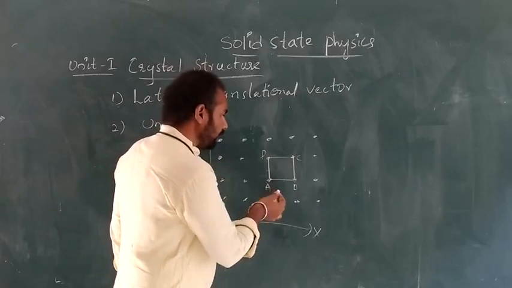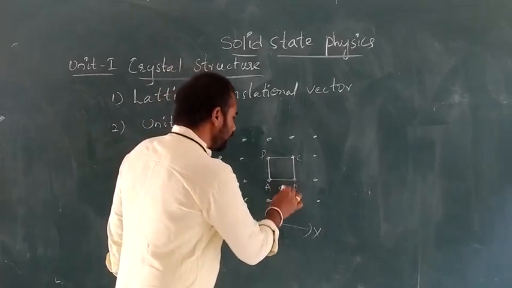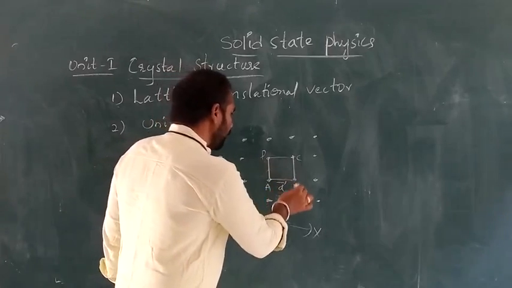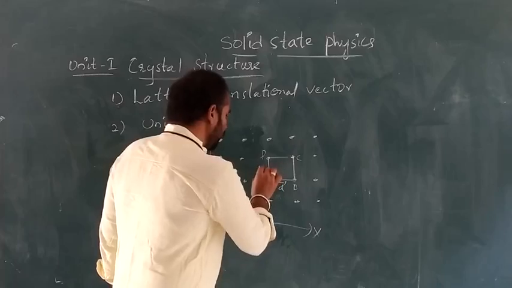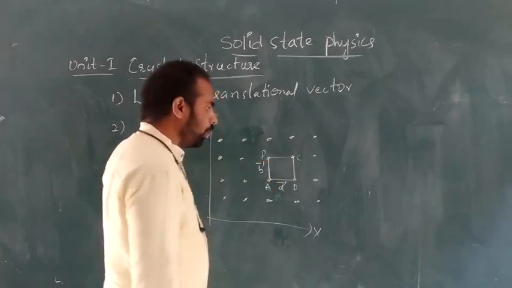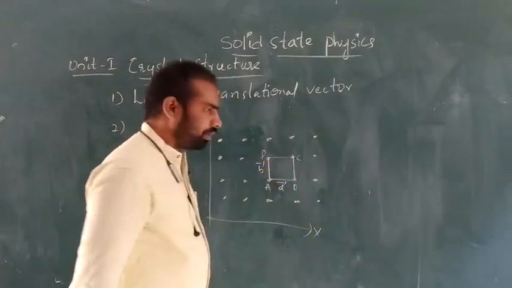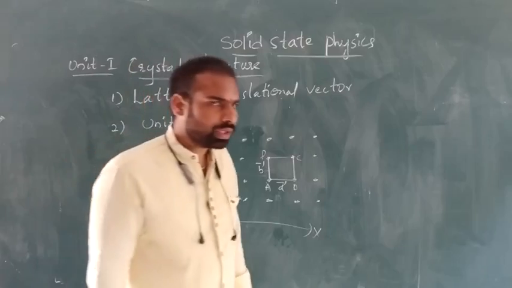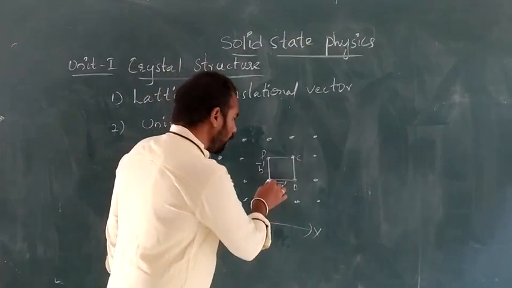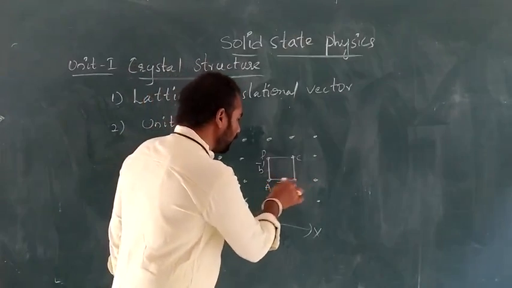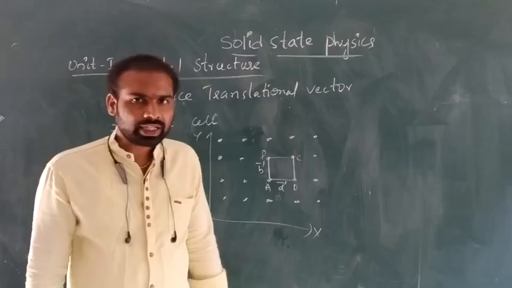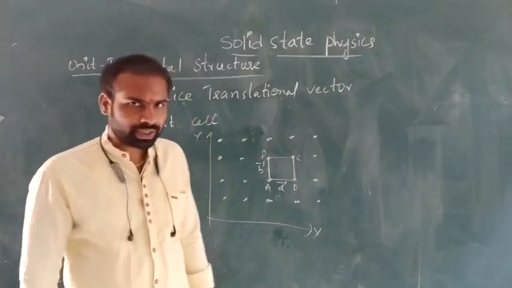Let us represent the distance between A and B as A bar, and the distance between A and another nearest point as B bar. Now, A bar and B bar represent what? Primitives. Primitives are the smallest distance between two points, the distance between two nearest points.